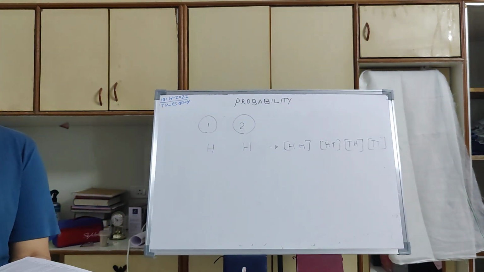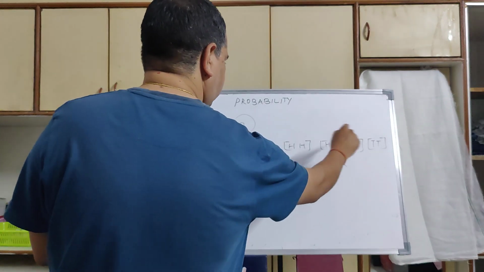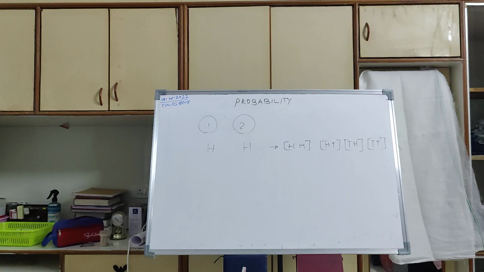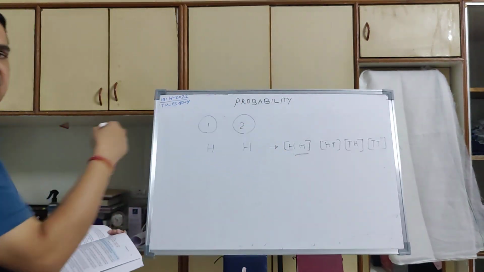So this complete thing is the sample space, and each of these is a sample point, the outcome.